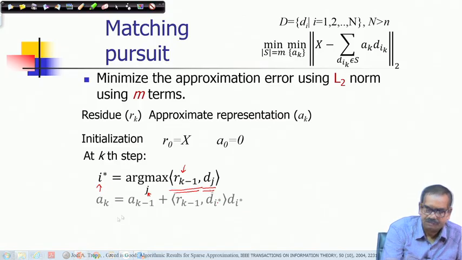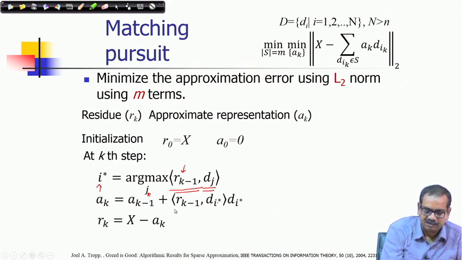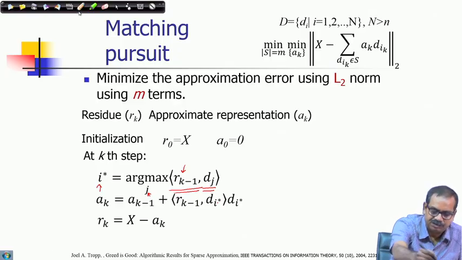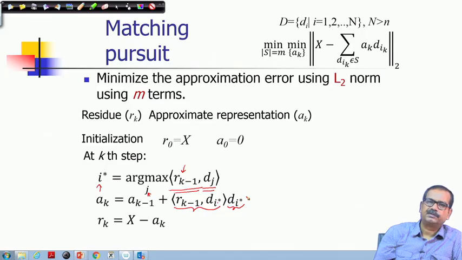Now the signal represented by A k, the approximate representation at the kth iteration, is incrementally built. With the previous approximate representation, you add this vector. This is the magnitude part, which is the component in the residue, and this is the direction of the vector. So d i star gives you the vector itself.